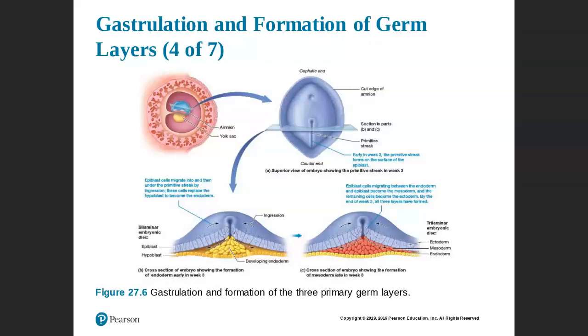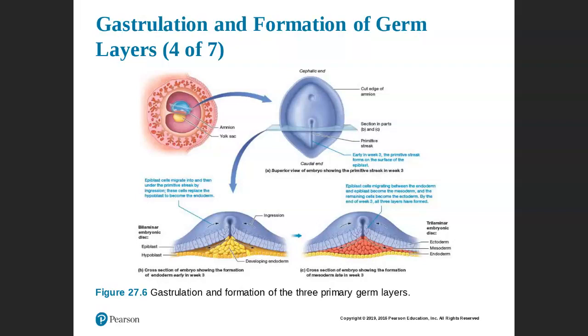Okay, as you can see here from this diagram, here's your caudal end, here's your cephalic end. These are the cut edge of the amnion, and this is basically a cross-sectional view. So the epiblast cells migrate, like you see in the arrows, and they ingress, and they migrate into and then under the primitive streak.